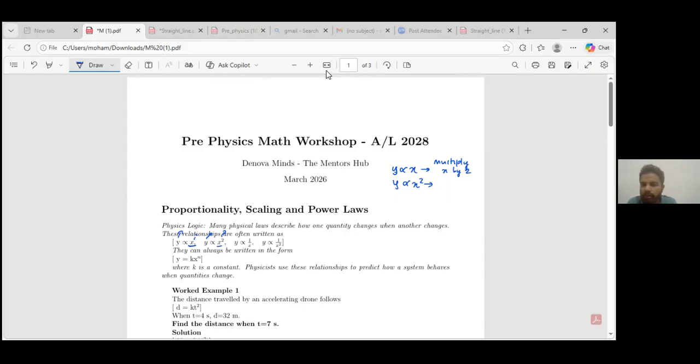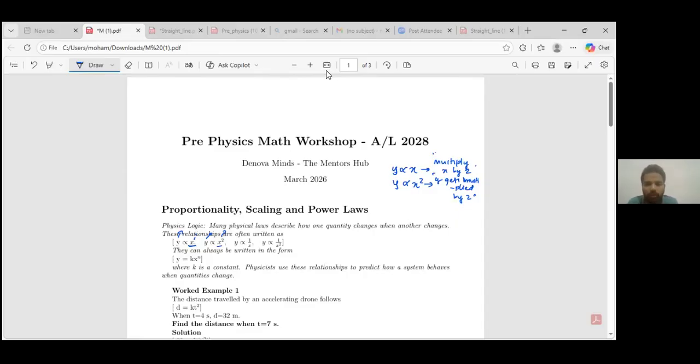Then what happens? y gets multiplied by 2. So they are dependent on each other, and if you multiply x by 2, y also gets multiplied by 2. That's the idea of y is proportional to x.